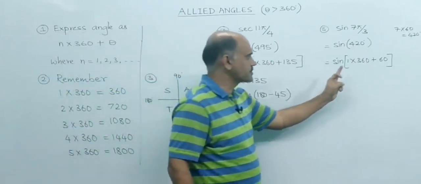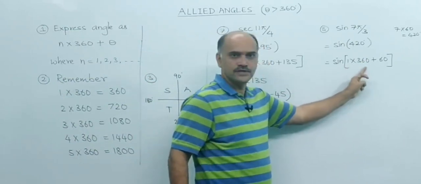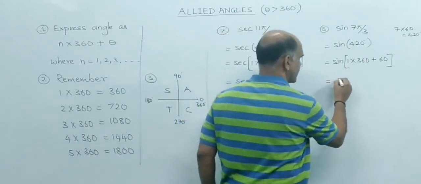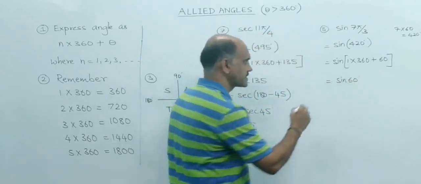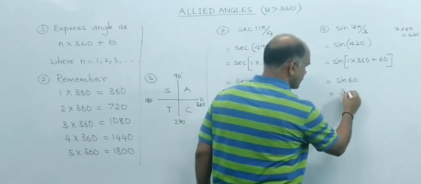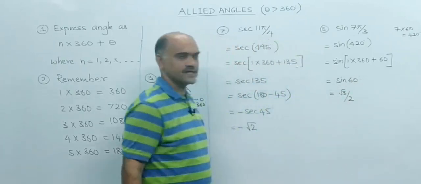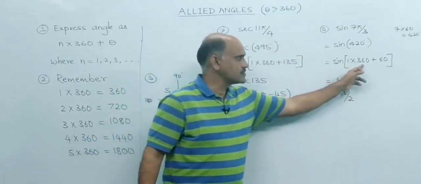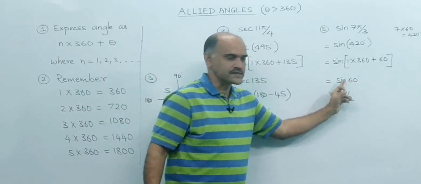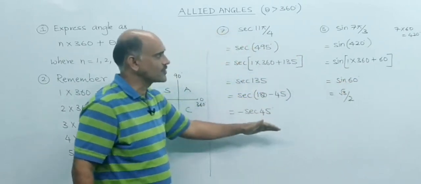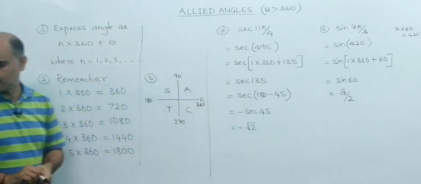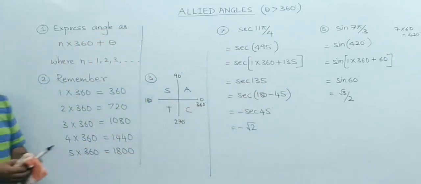Again by our next step, the 1 into 360 you leave. So you will have sine 60, which is root 3 by 2. This is the answer. Clear, students? Again you can solve these two. Then we will go for the next one.